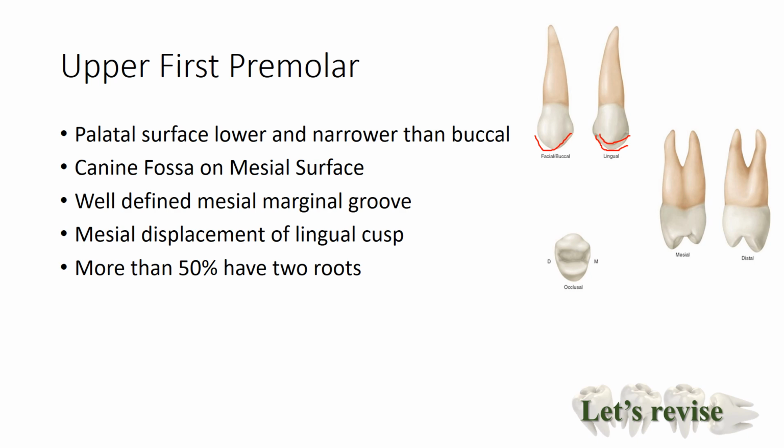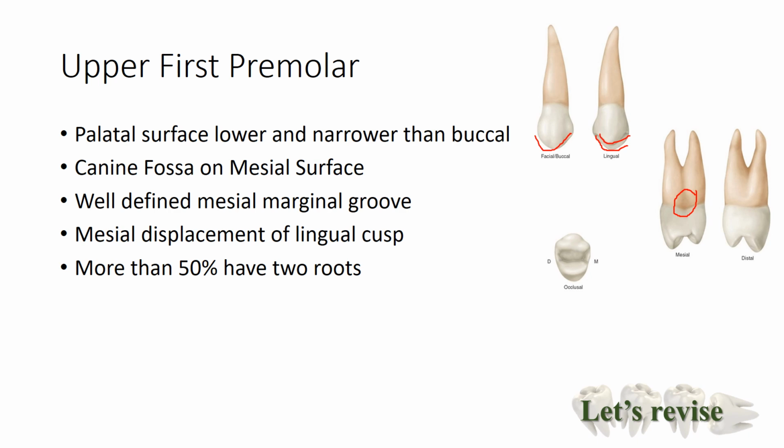What you're looking for is this canine fossa on the mesial edge. This is a groove where the corner of the canine fits into that groove in the occlusion. It's a clue because it's called the canine fossa, the hole for the canine.